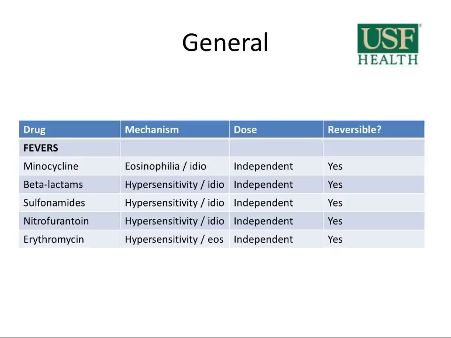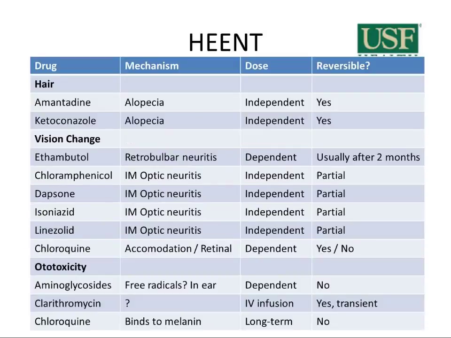So like I said, I had quite a few tables here that I made just to illustrate my point. Some of these drug reactions, like things that cause fevers, are very well known, either due to stimulating an allergic or idiosyncratic reaction. Some drugs cause it by thermoregulation, but most of the antibiotics are either hypersensitivity or just idiopathic. So some drug reactions are very well known.